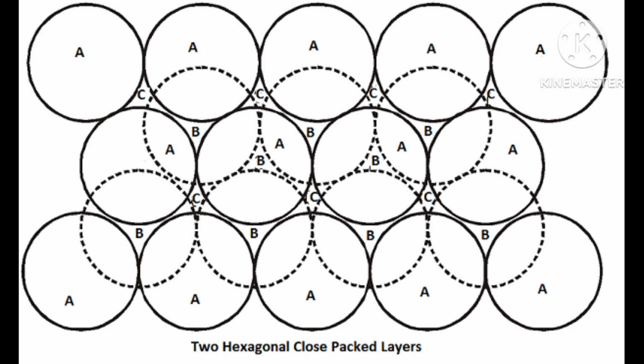Tetra means 4. Then take 3 spheres and just keep them closed. Then obviously you will find in the middle one void is there, an empty space. Between the 3 spheres, if you keep them closed, you will find in the middle one gap is there.